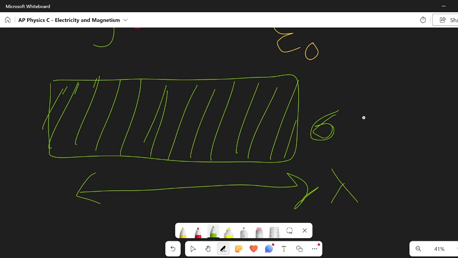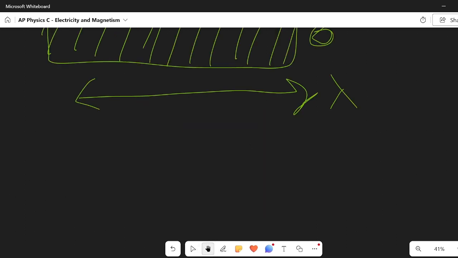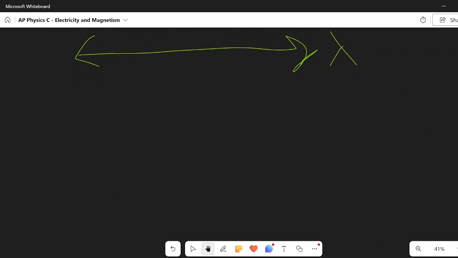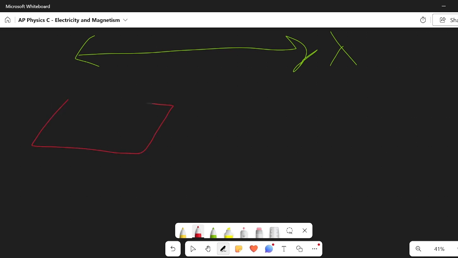Essentially, we're going to be getting into Gaussian surfaces later, but you're only going to have to use one of the three Gaussian surfaces. So either you will use a Gaussian box, like so, which is just a rectangular prism, right?